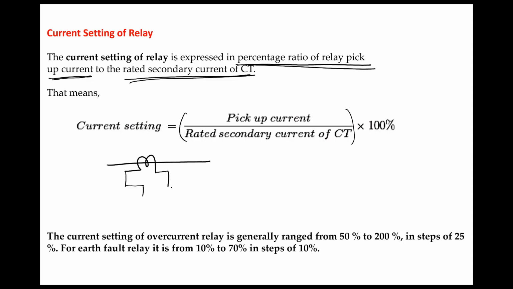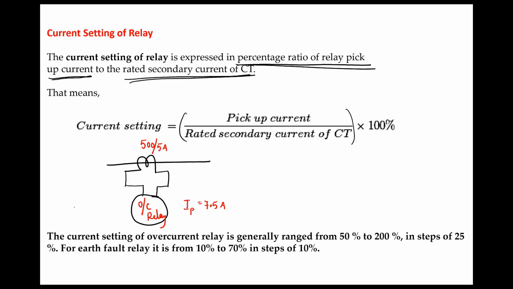Understand? Say for example, if I draw this, suppose this is a conductor and this is the secondary that is connected to a relay. Let us assume this is an overcurrent relay. The CT ratio here is, not every time 400, we'll make it easy, 500 by 5 ampere CT you have connected. Now the pickup value of this relay is, say, 7.5 ampere.